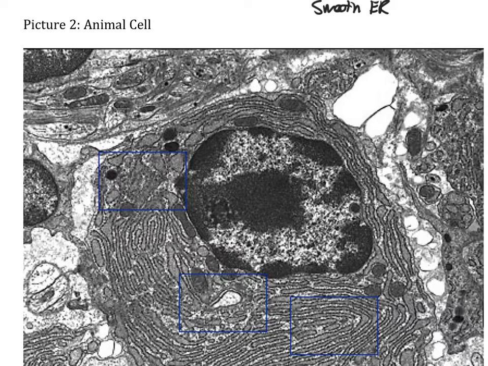Looking at the most obvious ones here, you can see in this area, this looks like rough ER. Notice the little dots look a lot like what's up in this area too, up in this picture. This whole area here, and all of this area, is the nucleus.